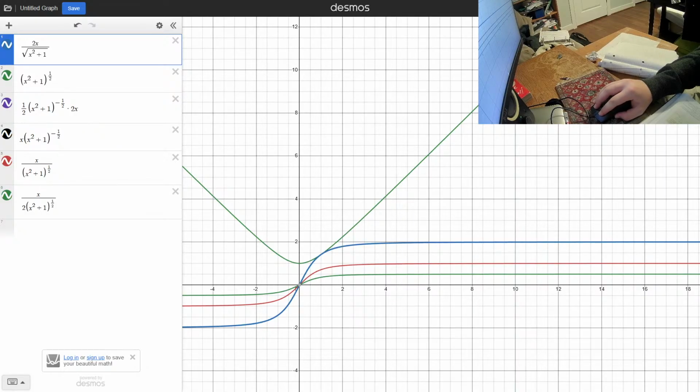Alright, we have to keep deriving. I'm not getting any closer to having a 2. Yeah, no, it just keeps going. That's completely cyclical.